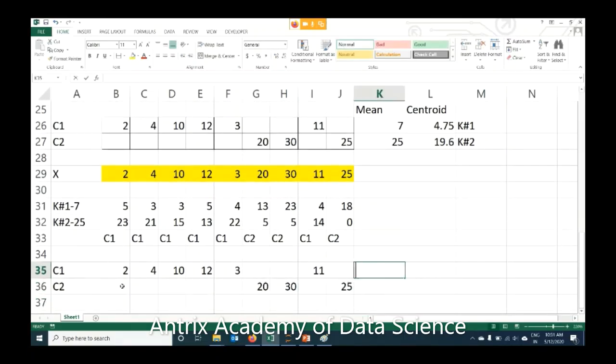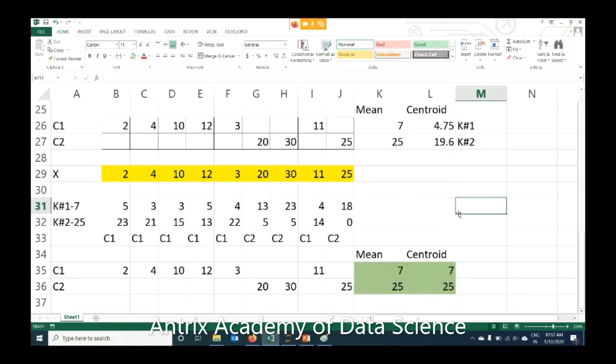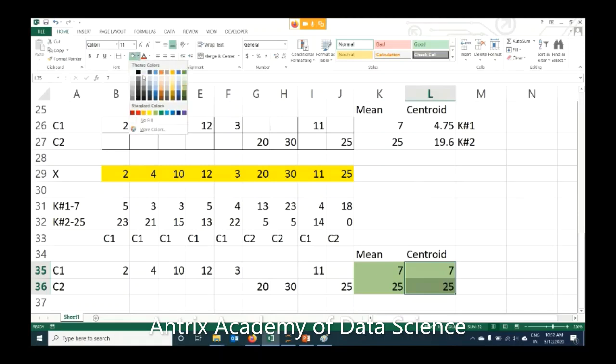So now we take the average. Now if you see, the data is more or less the same. So my mean and my centroid are the same. Until I get the same centroid and mean, this is my final case. I can put my centroids as 7 and 25 to make groups.